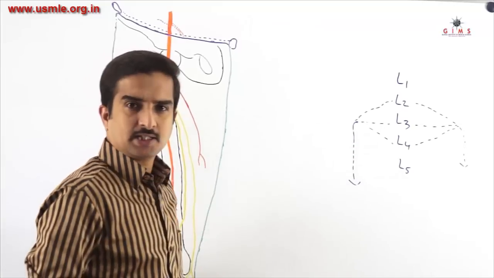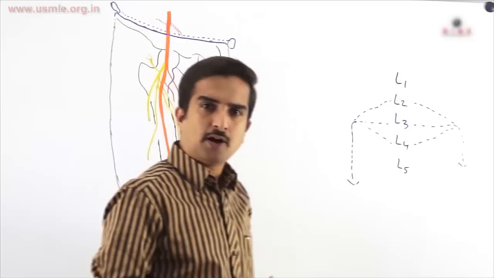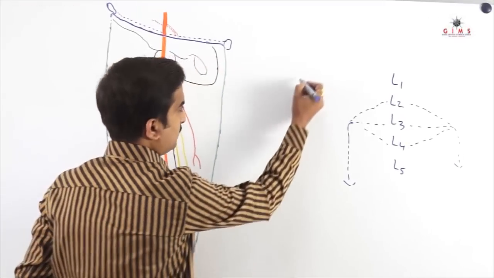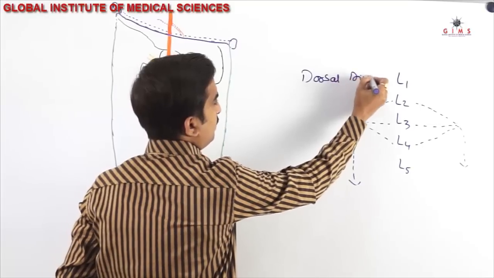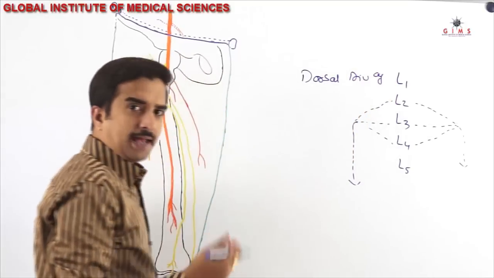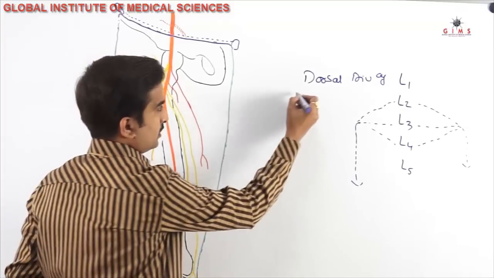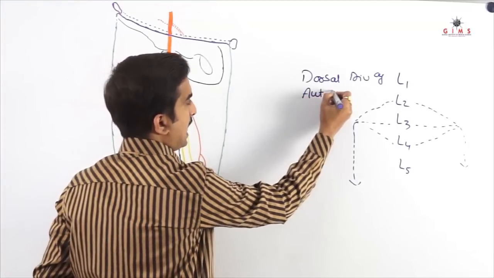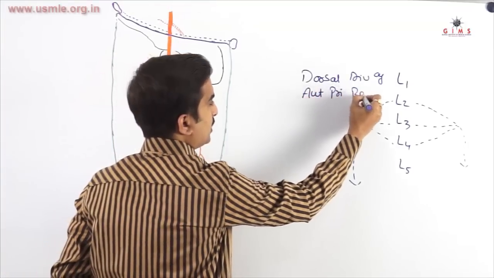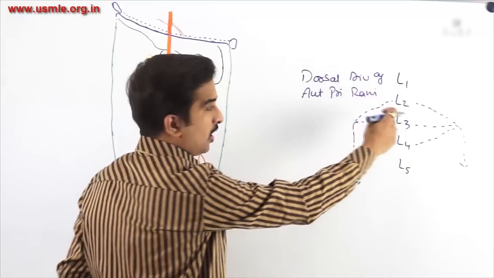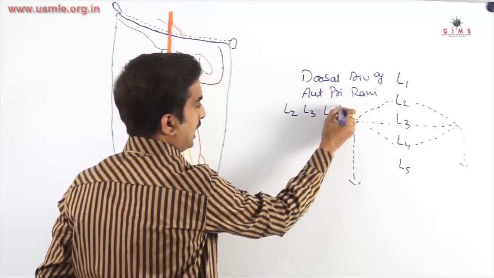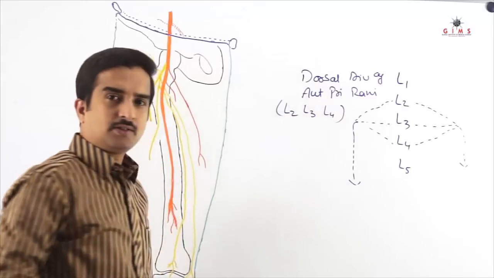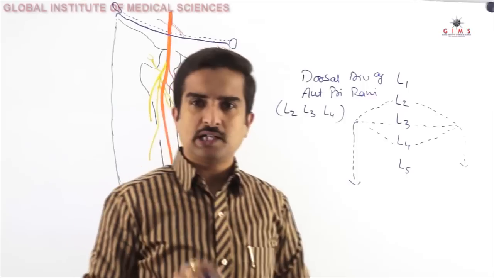So the femoral nerve is formed by the dorsal divisions of the anterior primary rami of L2, L3 and L4. This is the origin of the femoral nerve.